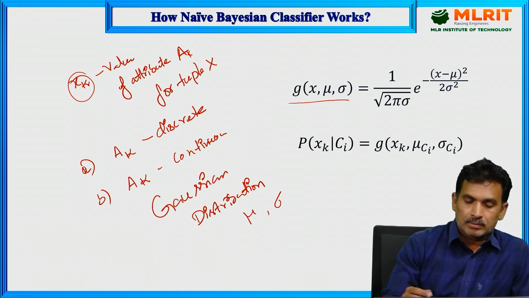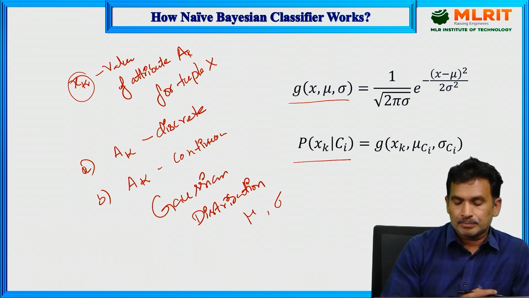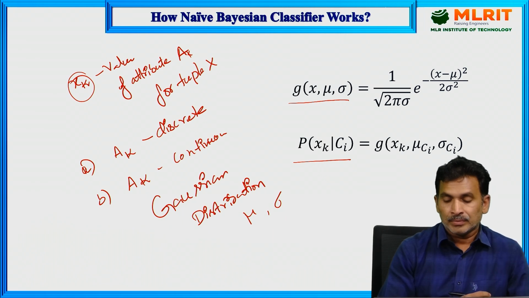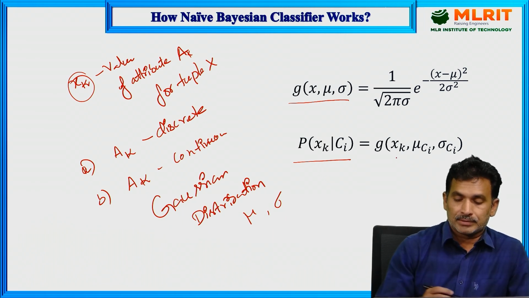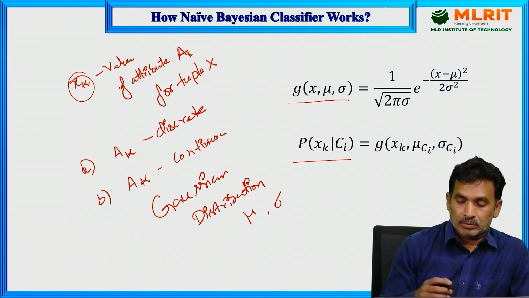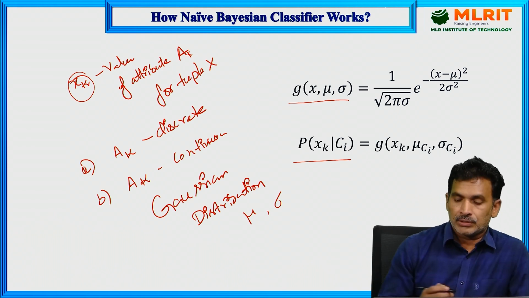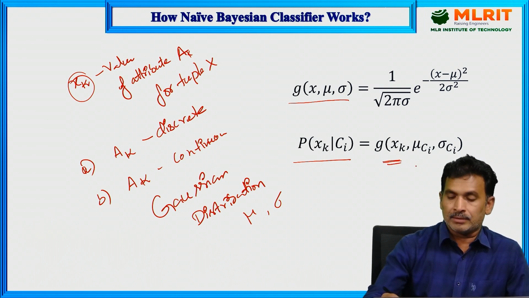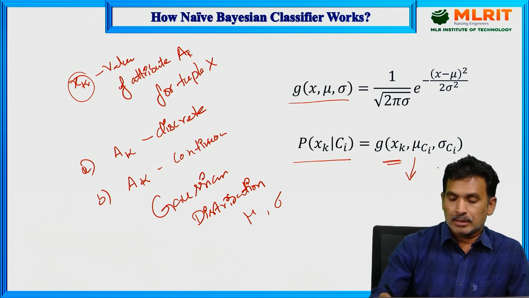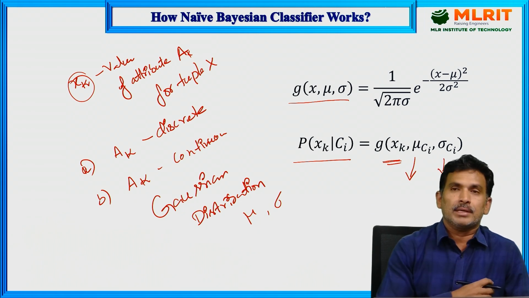So the probability of xk given Ci equals g of xk, mu Ci and sigma Ci. That means for each xk, for each value, we have to calculate the mean, that is average, and also the standard deviation.